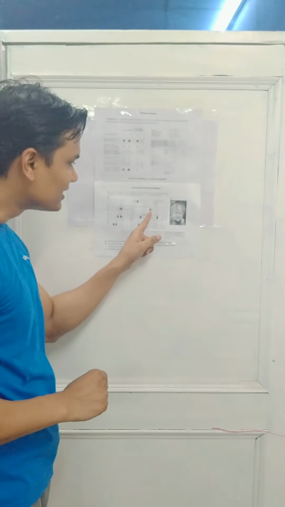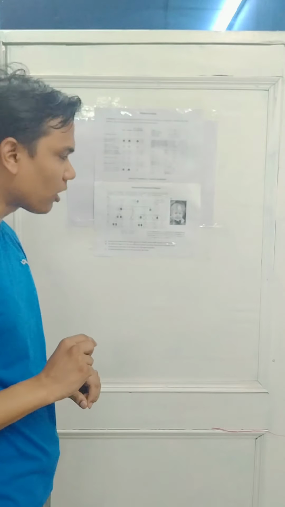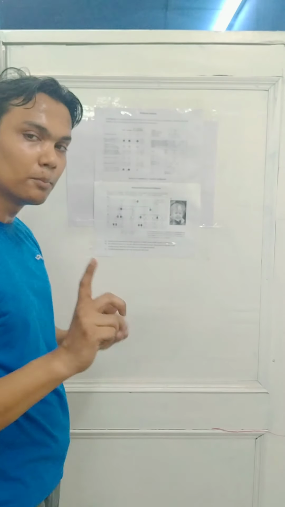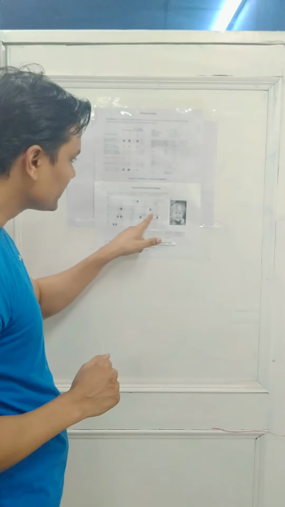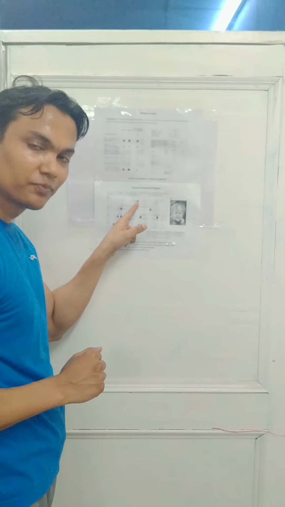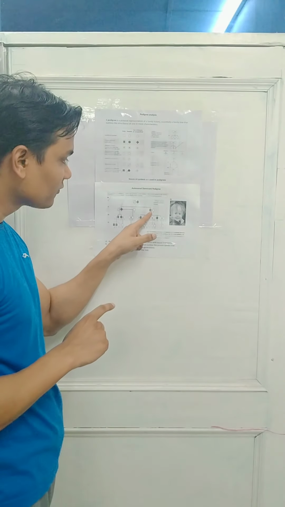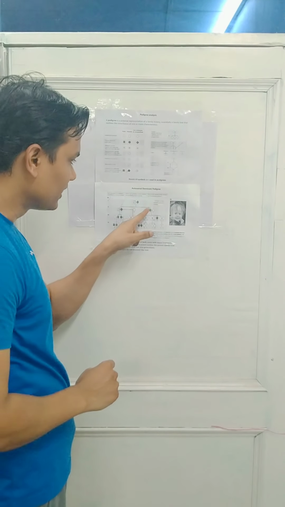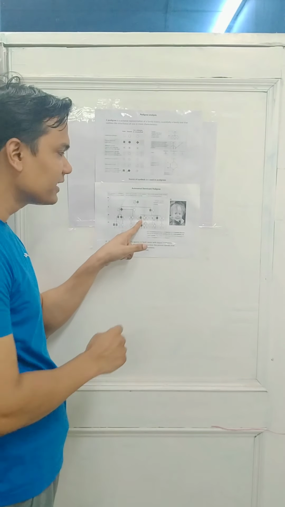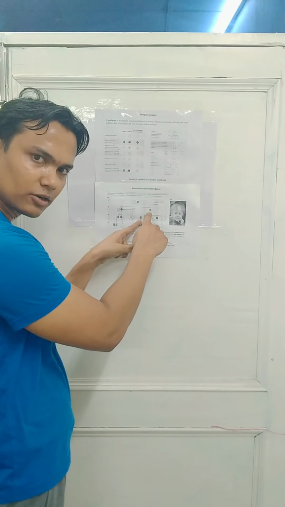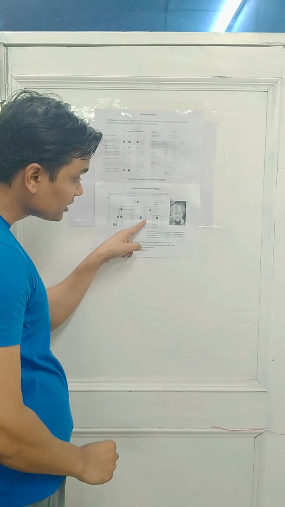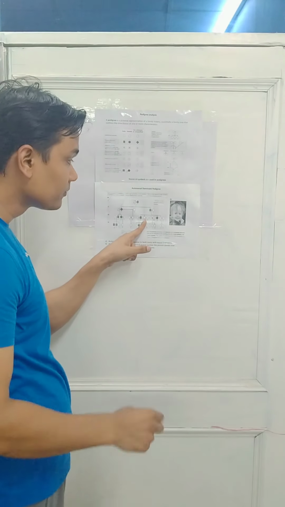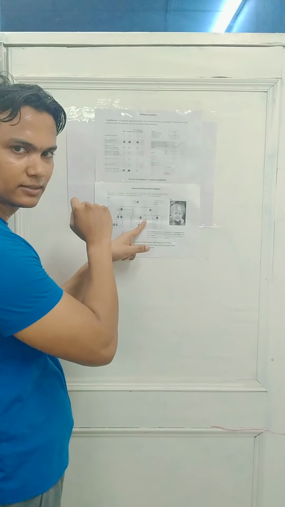That means this male is having one normal copy and one mutated copy. The mutated copy came from the female parent, while the normal copy came from the male parent. Now, this boy inherited the mutated copy from this parent, while this boy inherited the normal copy from this parent.